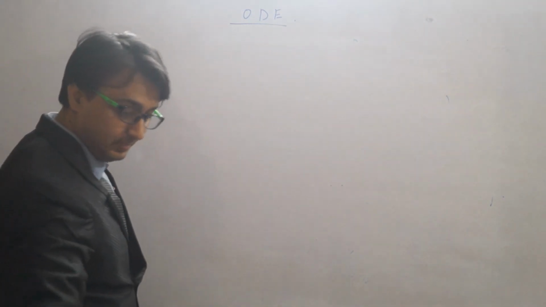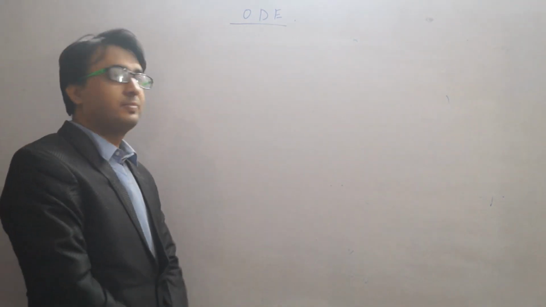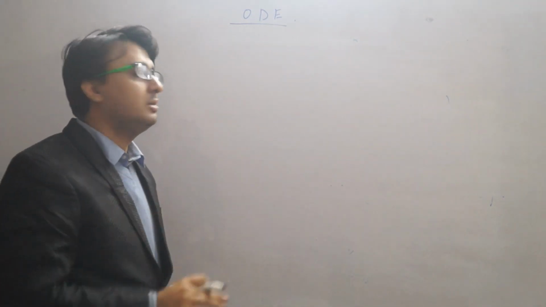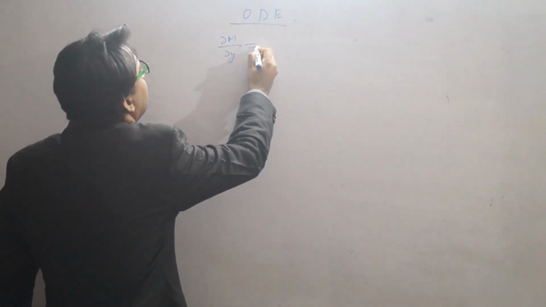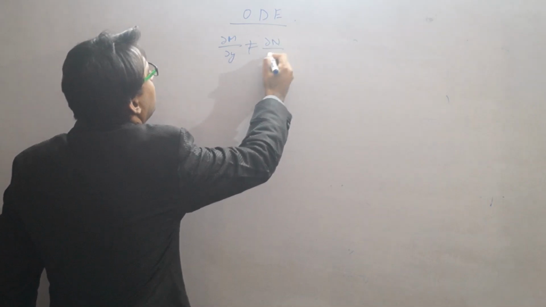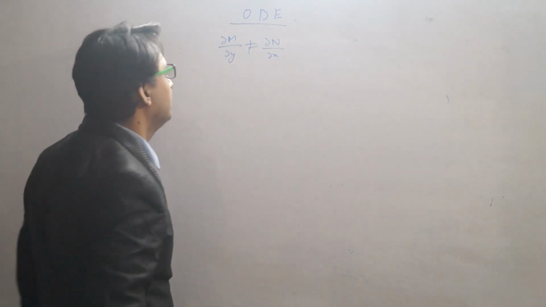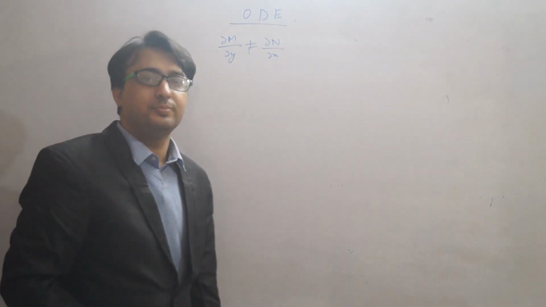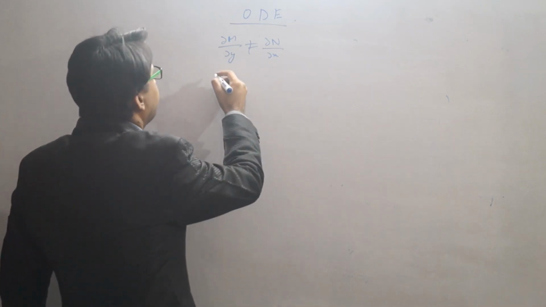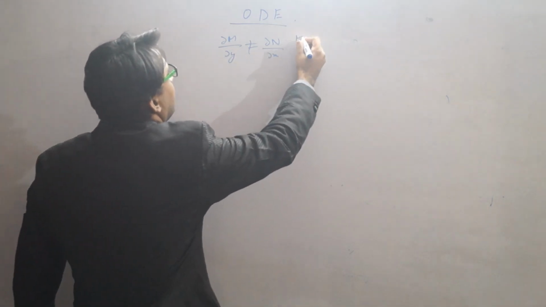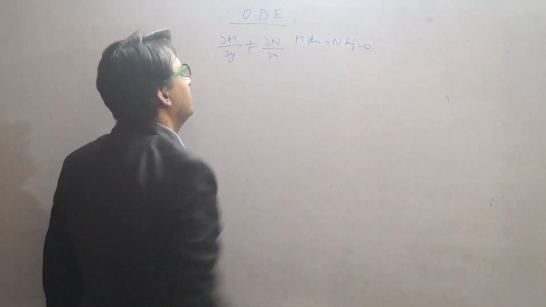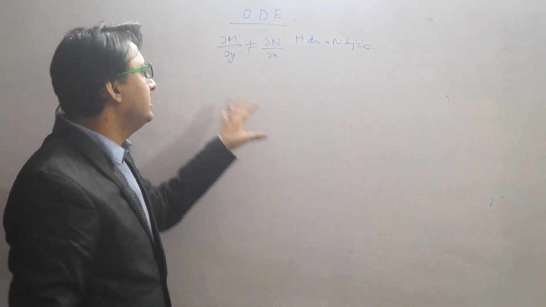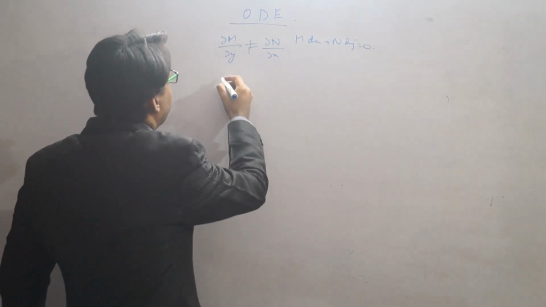Now, suppose we are finding ∂M/∂y and ∂N/∂x, and they are not equal. What are we supposed to do? In that case, M dx + N dy = 0. Okay, so in that case, what we will do?